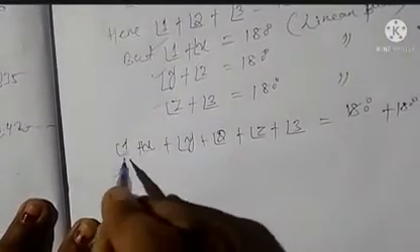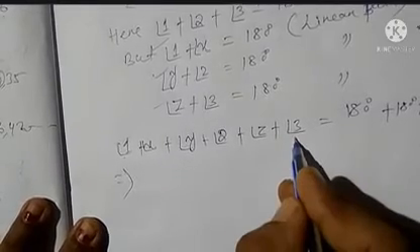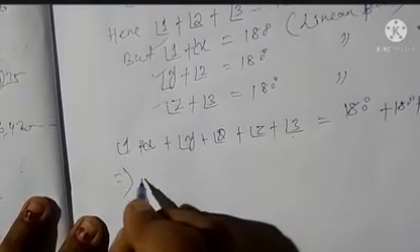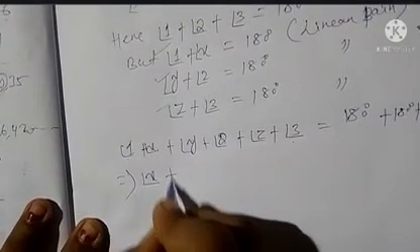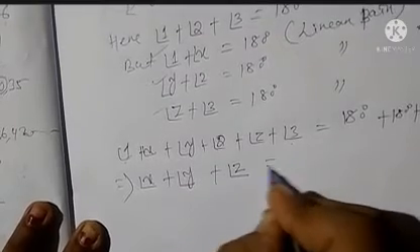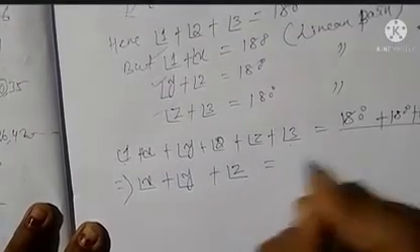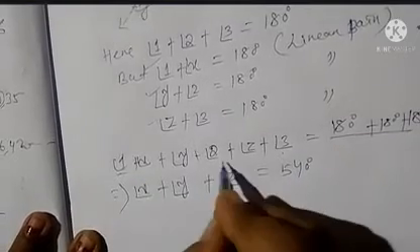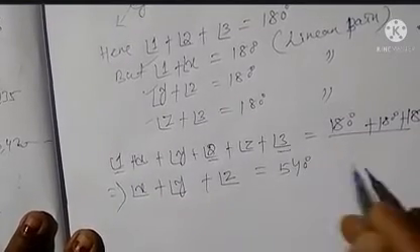Here angle 1 plus angle 2 plus angle 3, how much? 180 degrees, by the angle sum property. So angle x plus angle y plus angle z plus 180 is equal to 540 degrees.